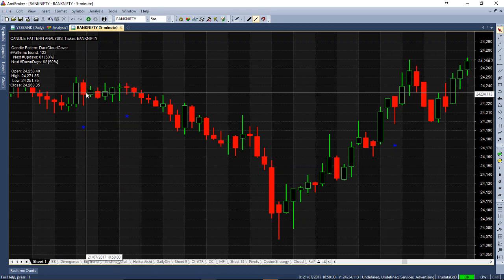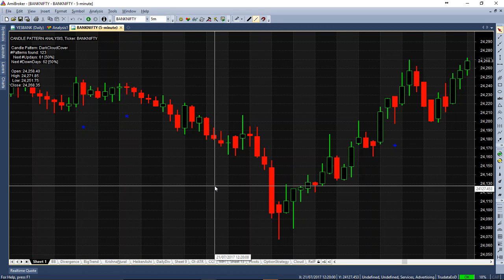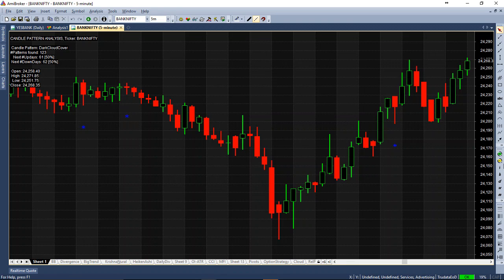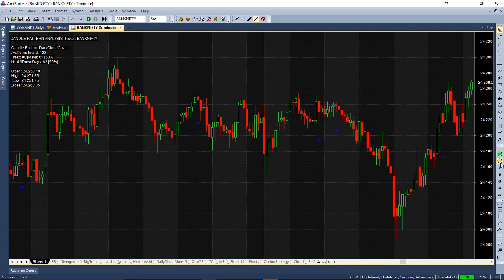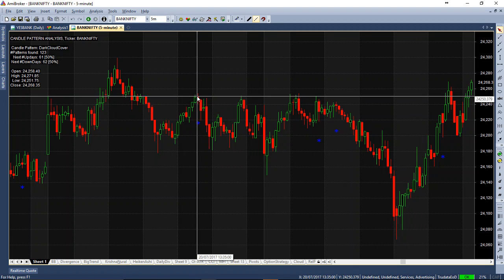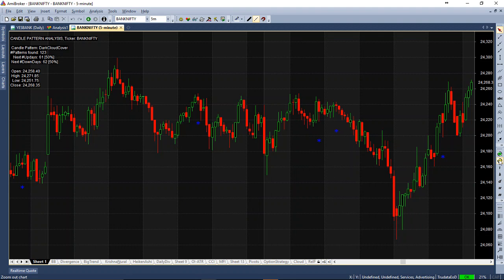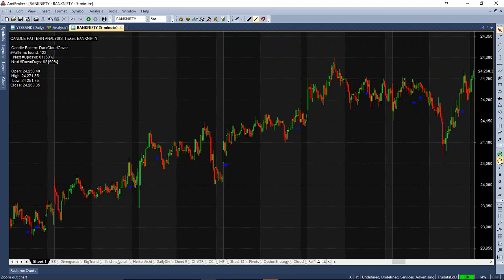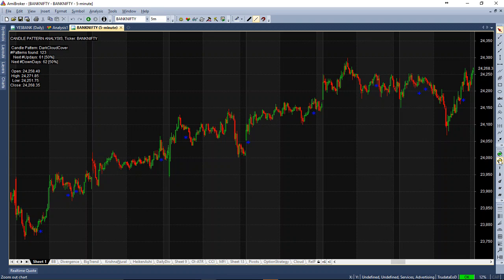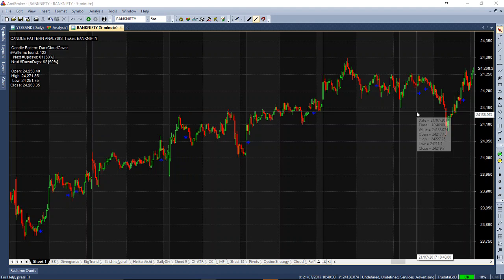This is the dark cloud, just the same as piercing. Again, I don't find this to be working so often, though it actually works here: uptrend move, then a dark cloud, and then the change of direction. So please use this with a little bit of caution. It does not work all the time, but it gives you an indication of who is in control.